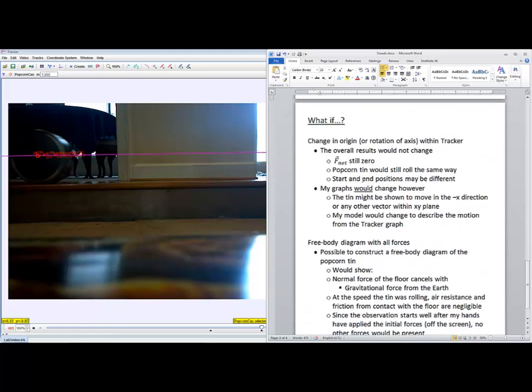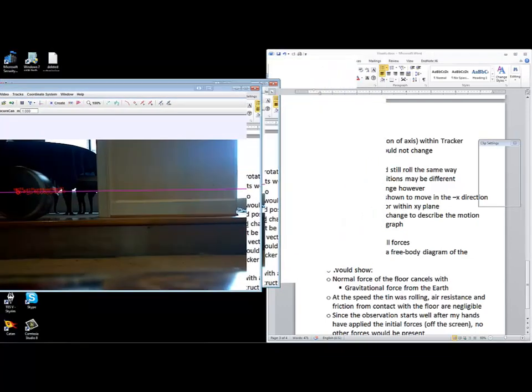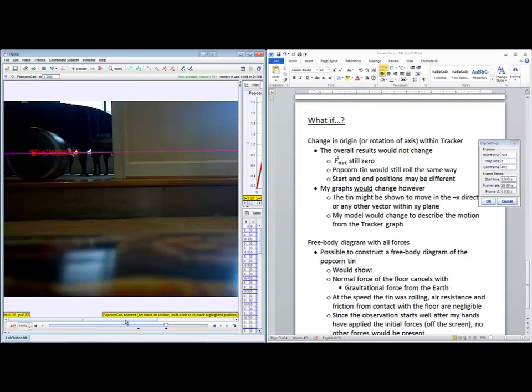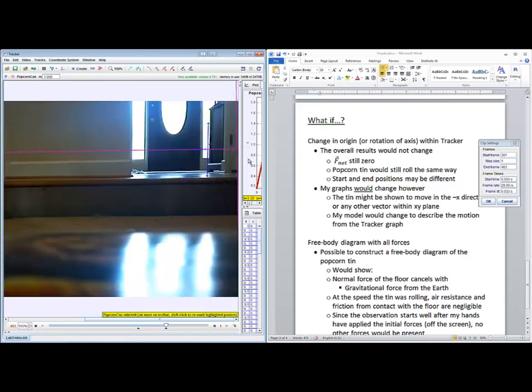For the what-if questions, if I were to change my origin over here, then, well, the x values would change, maybe the y values would change, even though we didn't use those, and I could even rotate the origin so that it's going in the negative x direction.